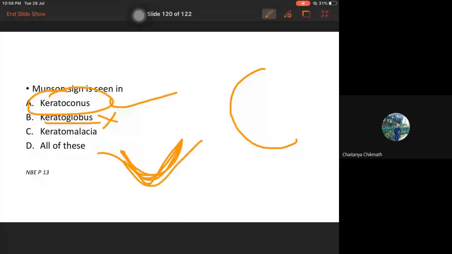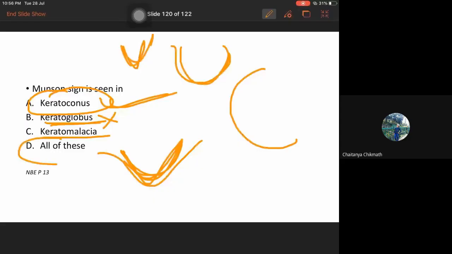So keratoconus is the only option. Keratoglobus, we don't see any Munson sign. Keratomalacia is not a condition which produces it. Keratomalacia again is an ectatic condition, but it doesn't have a conical shape. And the fourth option, all of this, is also a wrong answer. The only option is A.